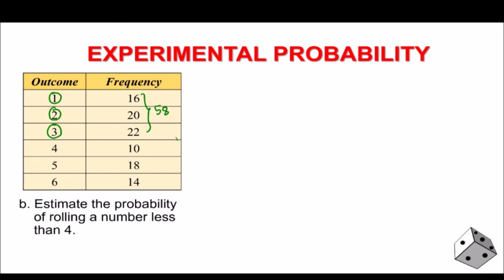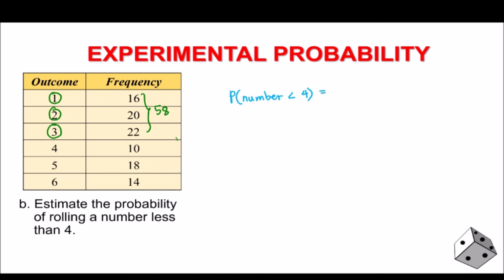To find the probability that the number will be less than 4, we divide the sum of the frequencies by the total number of trials.